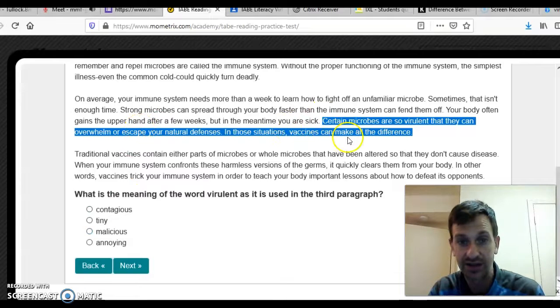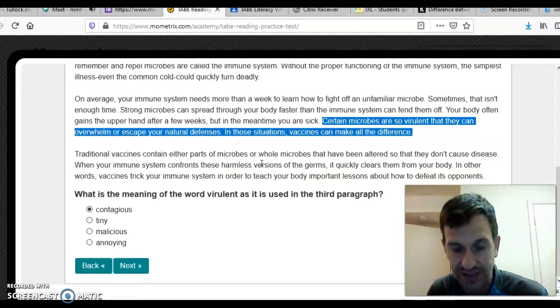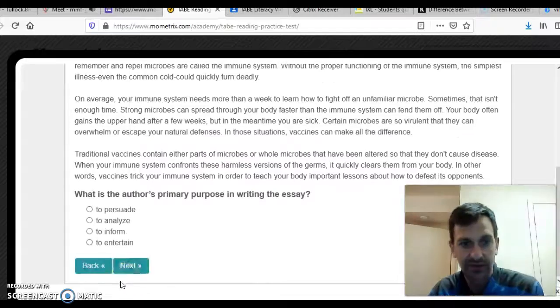Or are they contagious? Contagious means you can catch it easily. Okay, so we see how we scan.